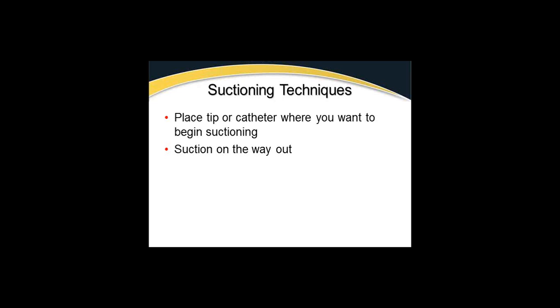And that hole is actually going to be where most of the suction comes from unless you cover it. So you take your fingertip or your thumb, you place it over that hole, and then it directs the suction into the tip of the catheter as opposed to coming from that relief hole there.